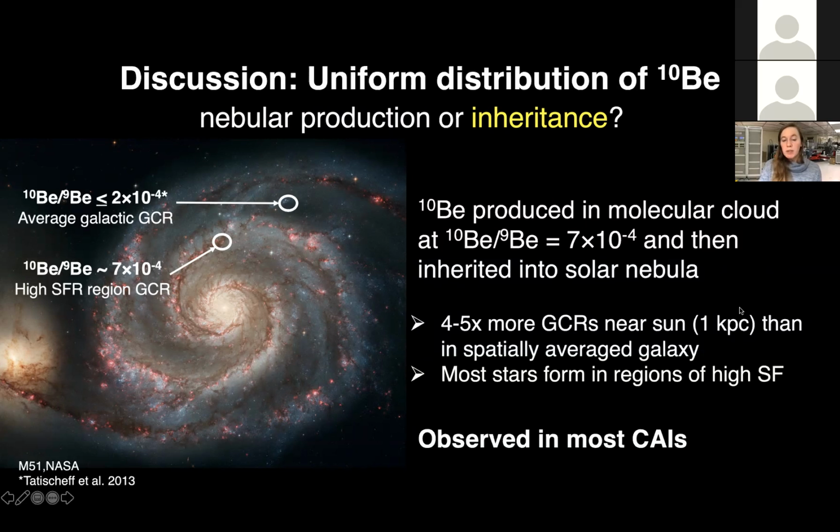So this implies that the molecular cloud was experiencing more galactic cosmic rays than an average region of the galaxy, and that our sun formed in a region that had a higher star formation rate than the solar system is in right now. And because this 7 times 10 to the minus 4 initial ratio is observed in most CAIs, we think this is the main way that beryllium-10 is formed.